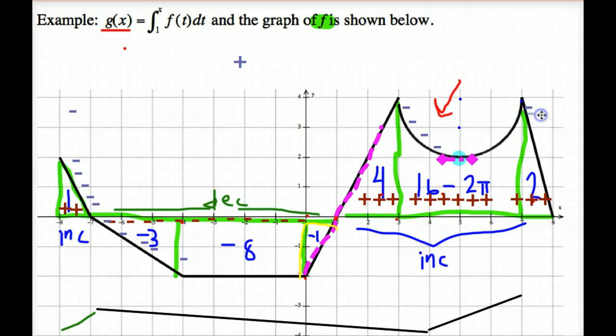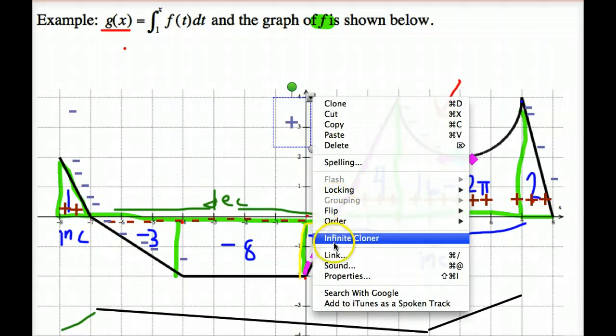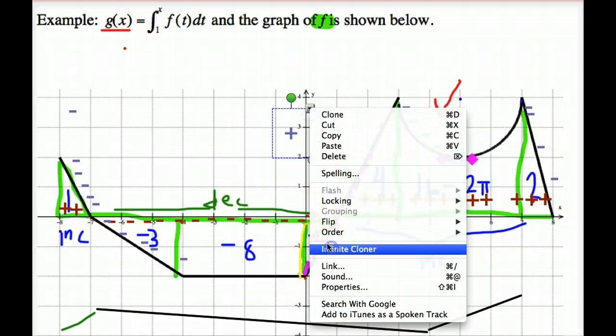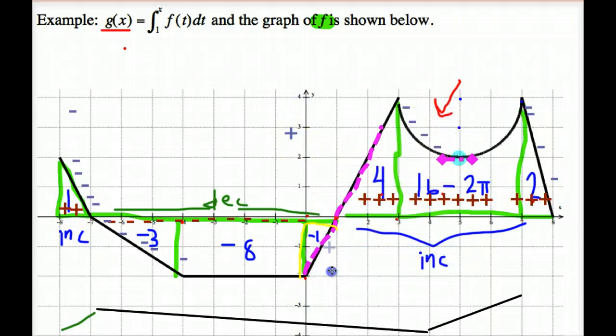Right? Didn't we used to label these that way? I'm just going to continue labeling these as negatives. Well, couldn't I then label all of these as positive because they're increasing, the slopes are positive.